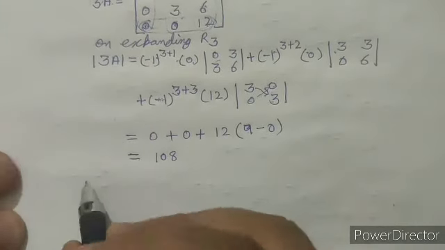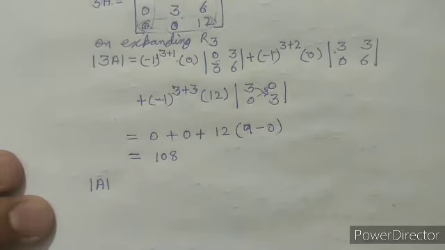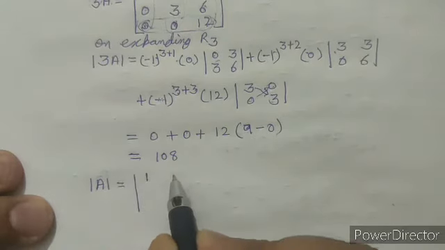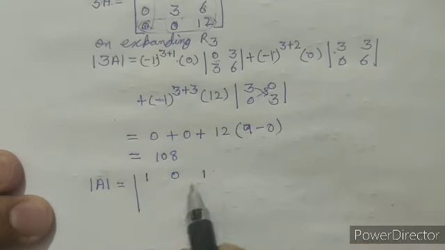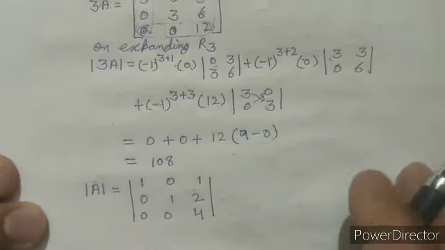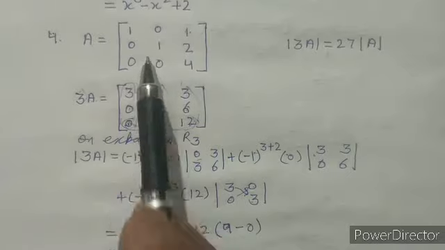Now for that we will find out the determinant of A. Determinant of A will be the determinant of 1 0 1, 0 1 2, 0 0 4, as matrix A was 1 0 1, 0 1 2, 0 0 4.